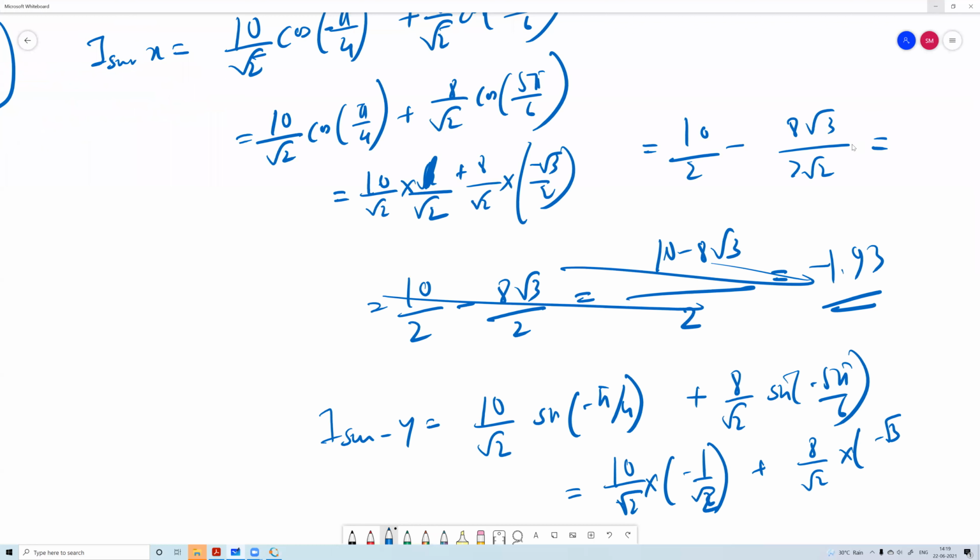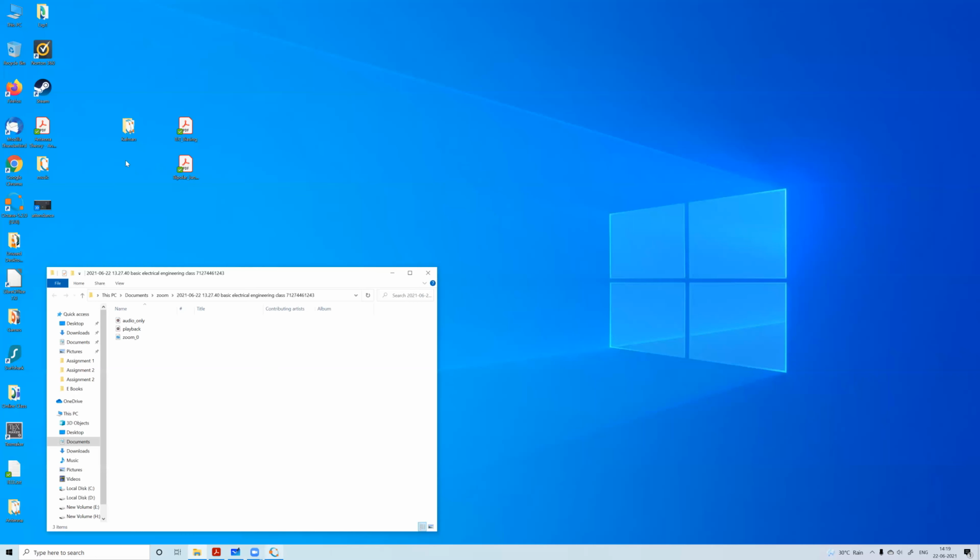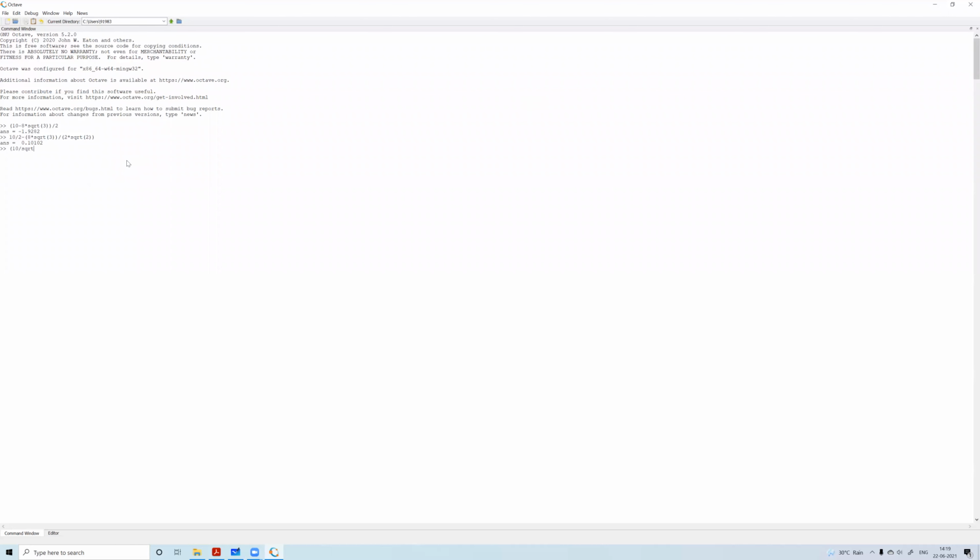10 by root 2 cos 5 by 4 plus 8 by root 2 cos 5 by 6. And for the sine components, minus 2.17.